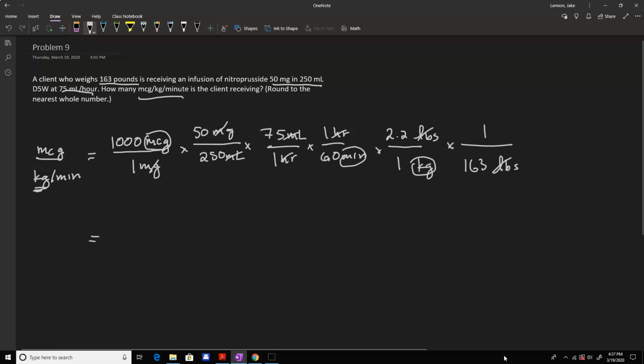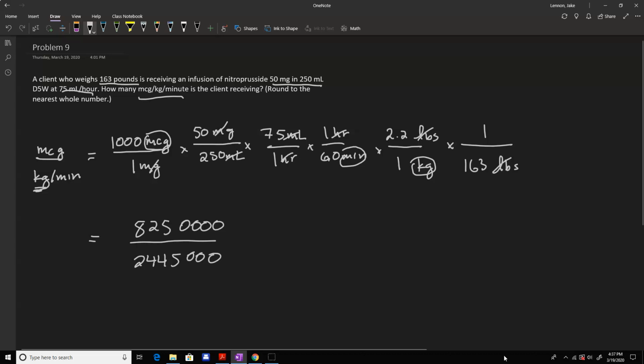So on top we get 825 and 4 zeros. So that's 8,250,000. And on bottom, if we multiply all the way across, so 1 times 250 times 1 times 60 times 163, we get 2, 4, 4, 5, and 3 zeros.